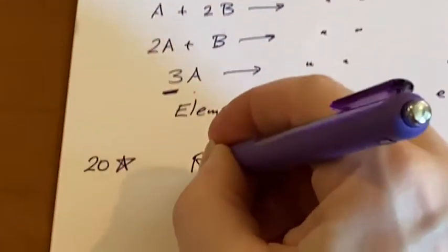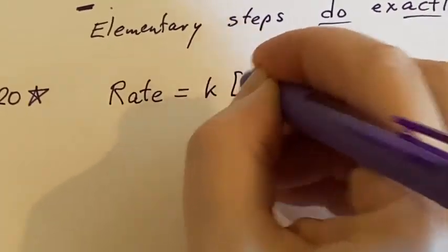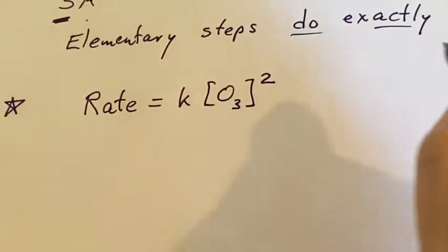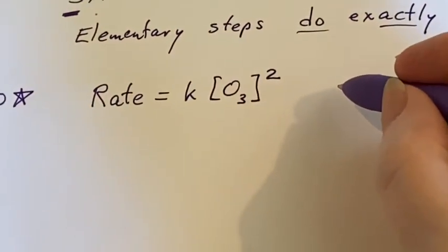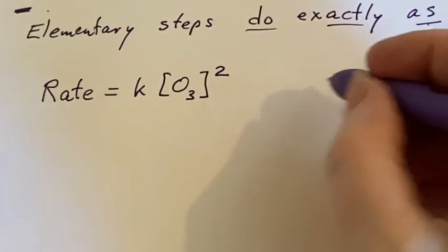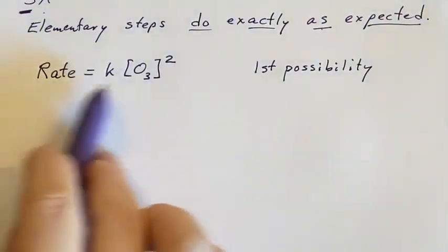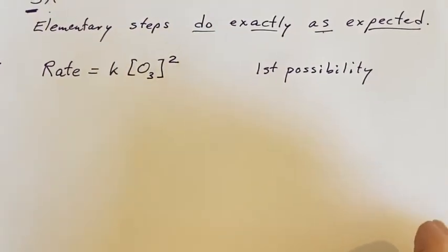So for that first mechanism, the rate should simply be k times the concentration of ozone squared, because that was the only elementary step in the process. So this is our first possibility, and that would fit with the rate law that had been experimentally determined.